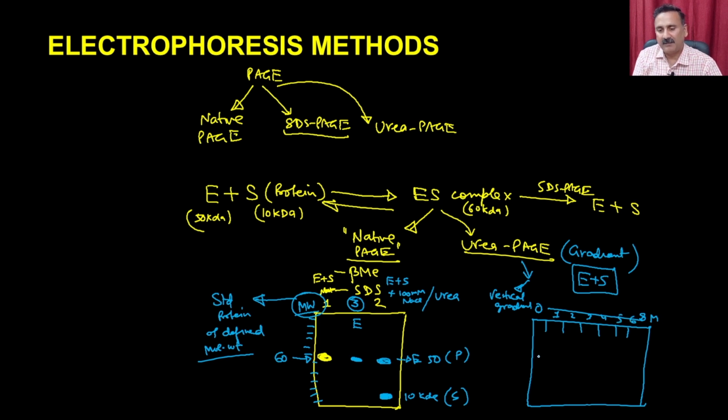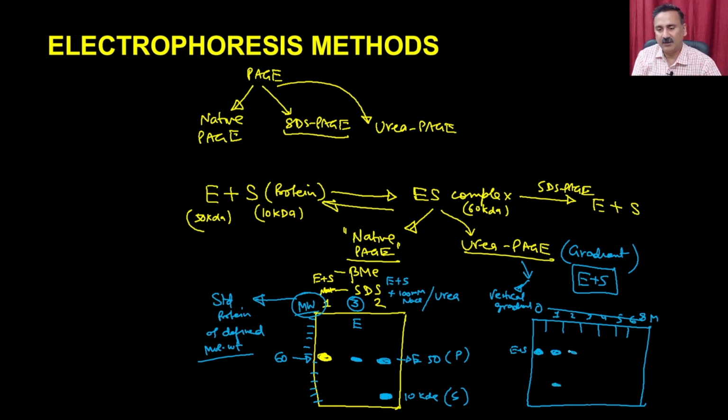So what will happen is that the enzyme is going to be like this. This is going to be the enzyme substrate complex. And as you go towards the higher urea concentration, you are going to start seeing the intensity of this band become smaller, and then you will start seeing another band.